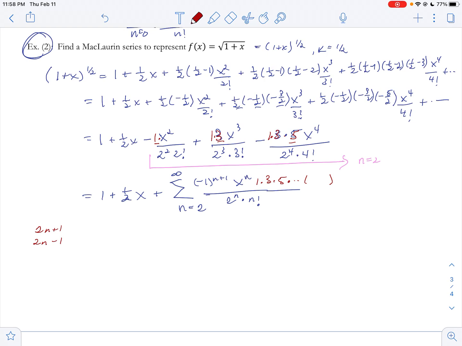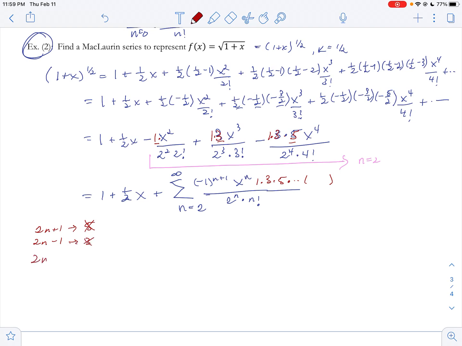If I plug in 2 to 2n plus 1, I get 5. And I definitely don't want 5, so that's going to be too big of a number. So let's try the one with the minus. When I plug in 2 there, I get 4 minus 1, which is 3, which is still too big, so I need to go lower. So I'm going to subtract off.